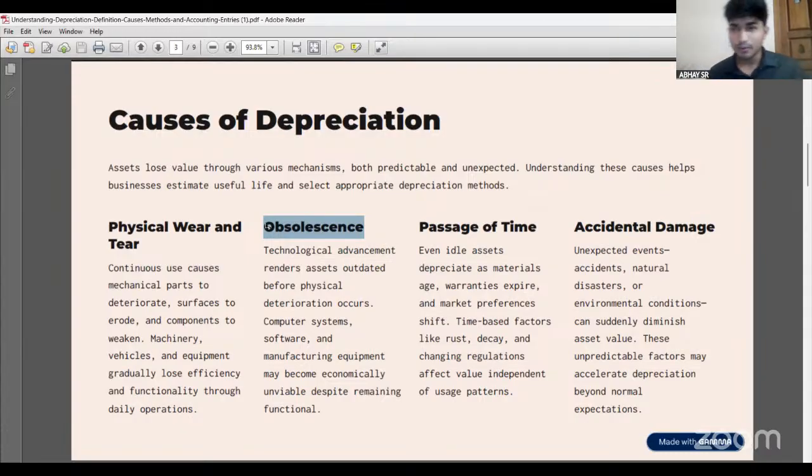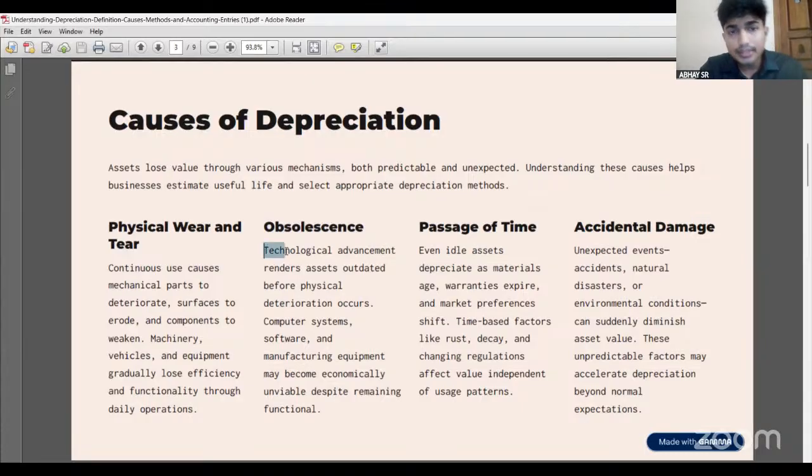Compared to the iPhone 17 that's out there in the market, iPhone 11 is a little bit outdated, right? So even that can cause a loss of its value. Despite it remaining functional, the value got lower, right? So that can be a reason for depreciation too.